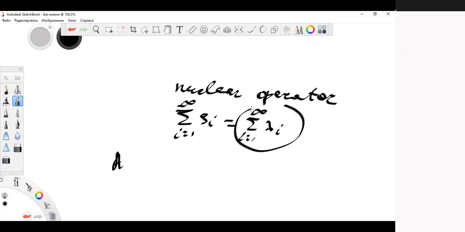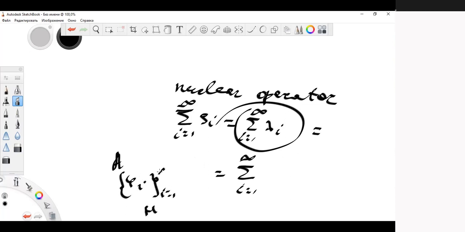When that sum is finite, it is convergent, and such compact operators are said to be nuclear. It doesn't depend on the choice of basis in that space either. If you have some orthonormal basis phi i in Hilbert space H, i from 1 to infinity, then that sum doesn't change with the choice of basis. It is always the same and equals the spectral sum, the sum of eigenvalues.